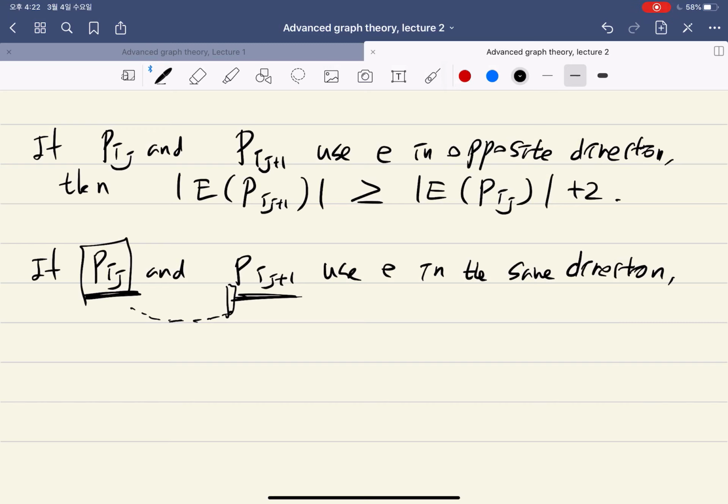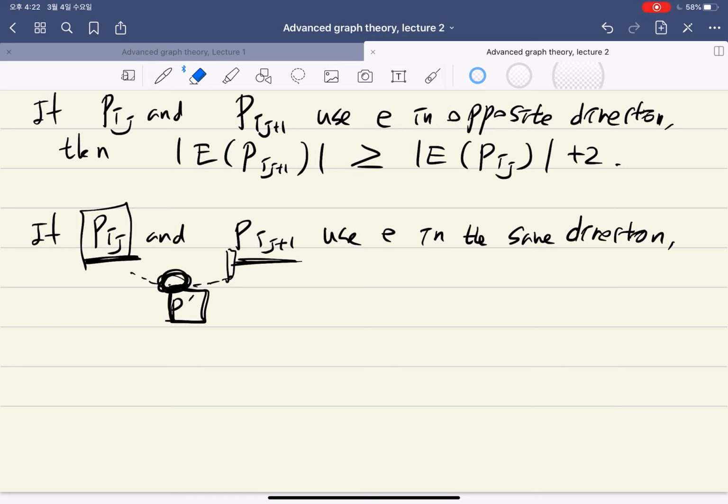That means its value has changed before. Its value has changed before by another path P prime, where E is not a bottleneck edge, but this has changed.